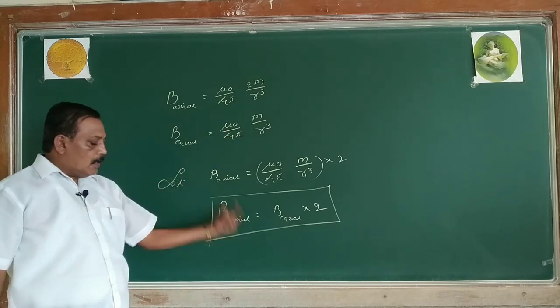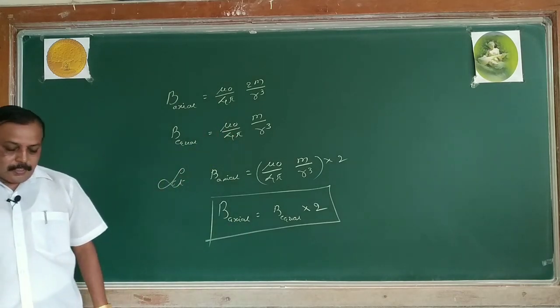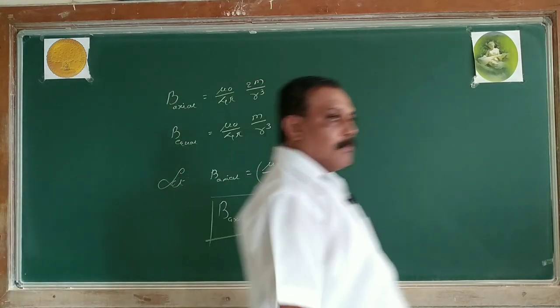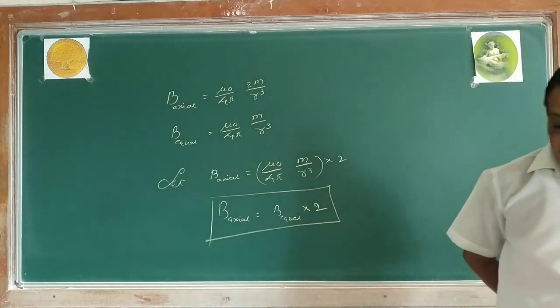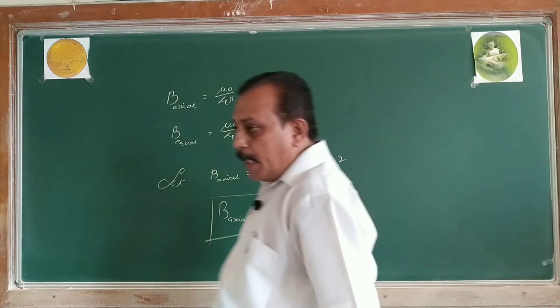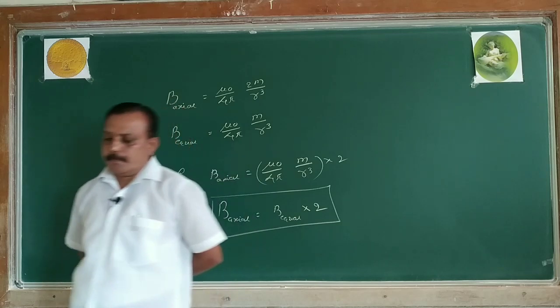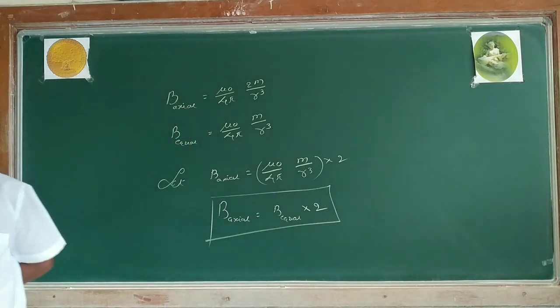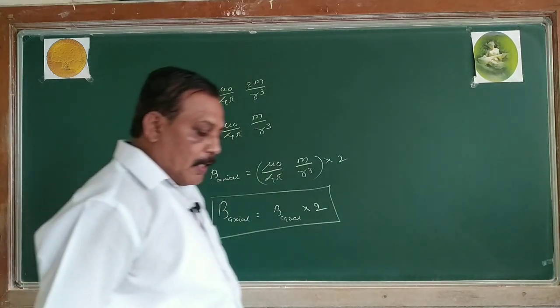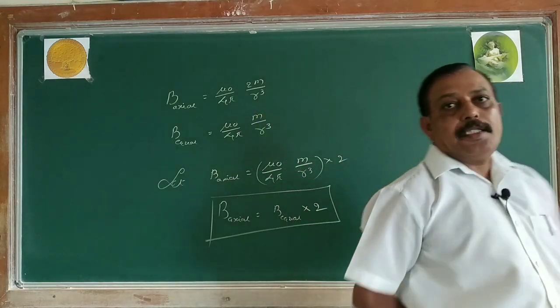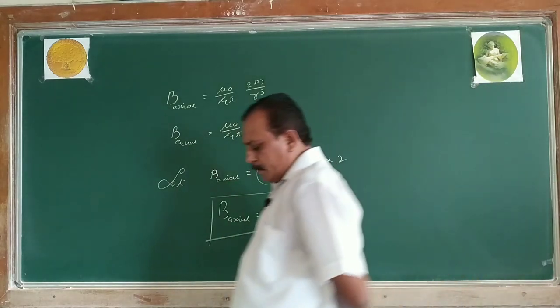Then after this we come across the time period of an oscillating bar magnet in the region of a uniform magnetic field. Our aim is to calculate the time period of an oscillating bar magnet in the region of a uniform magnetic field.